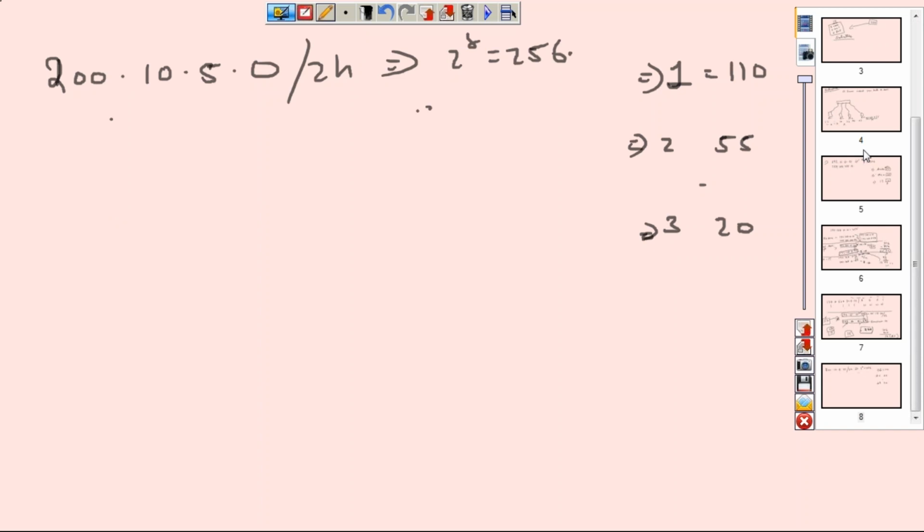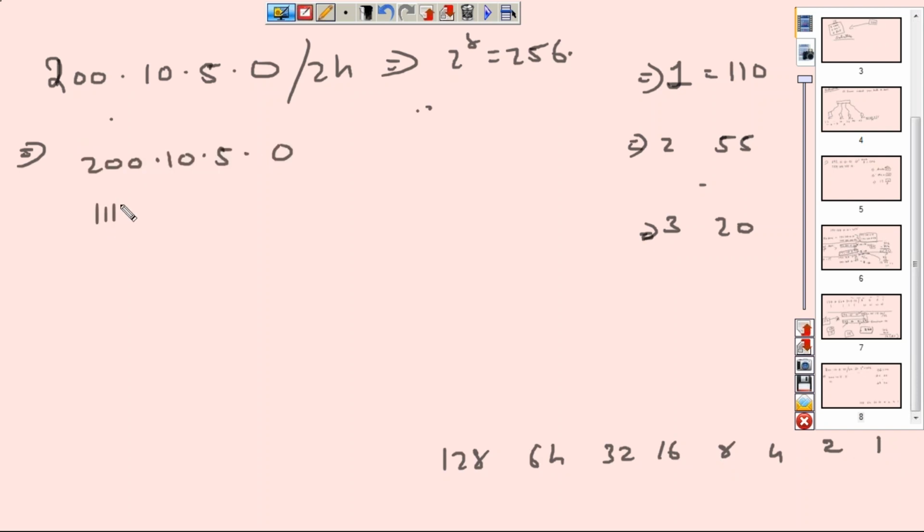Let's get the conversion chart in place: 1, 2, 4, 8, 16, 32, 64, 128. Our IP is 200.10.5.0.